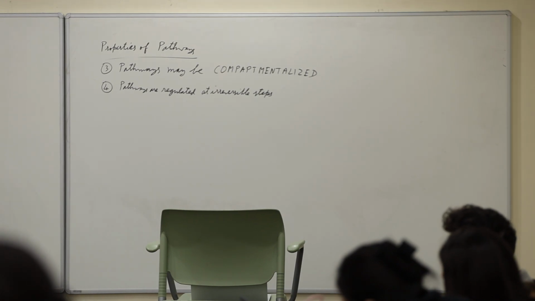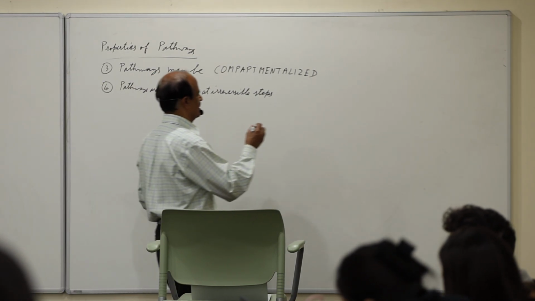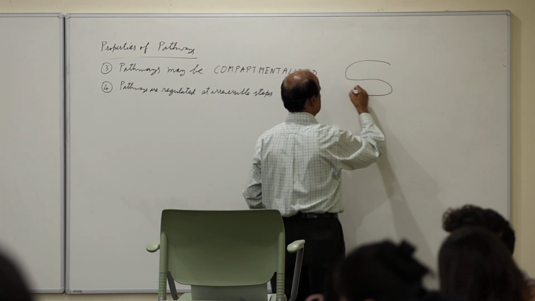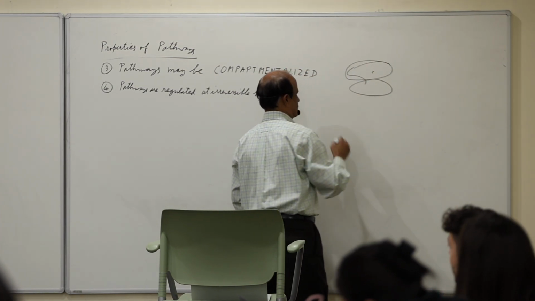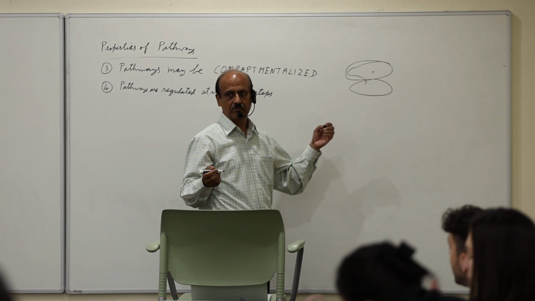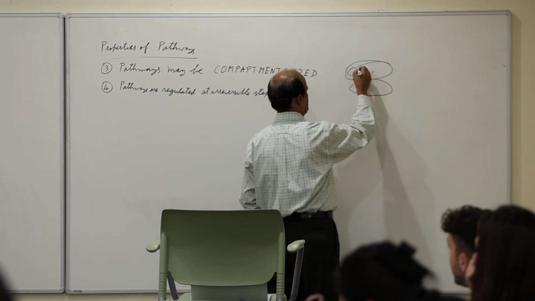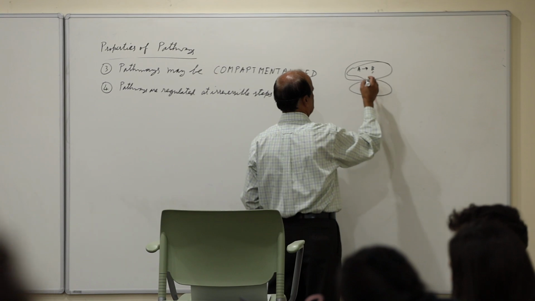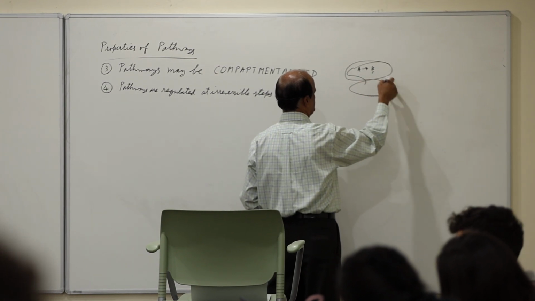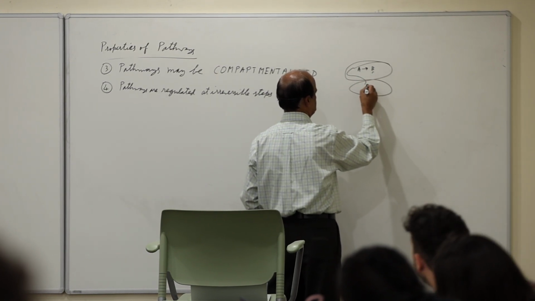For example, if this is at the molecular level, if this is a protein carrying out, let's say, more than one step, like 3-4 steps. So here you have A going to B, and this part of the protein carries out the reaction B to C.